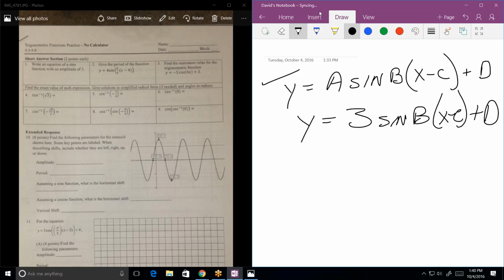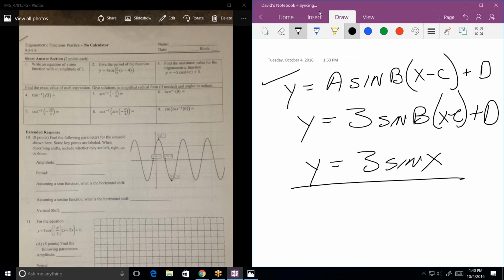A specific equation has values for A, B, C, and D. And when I wrote this, B was 1, C was 0, and D was 0. But this is a specific equation. And it's important to understand the difference between a general equation and a specific equation.